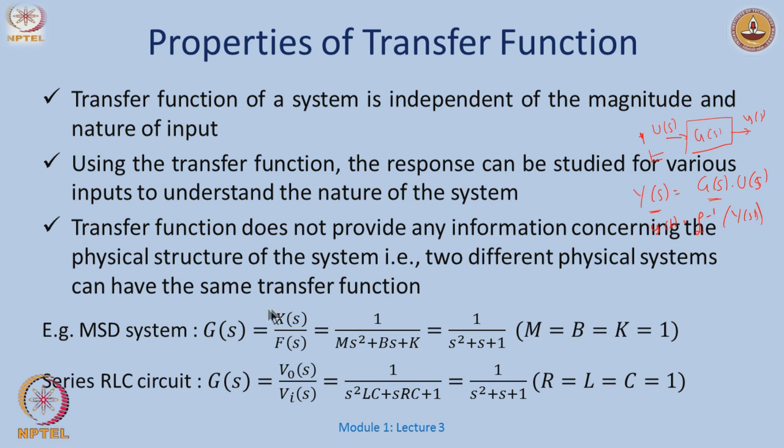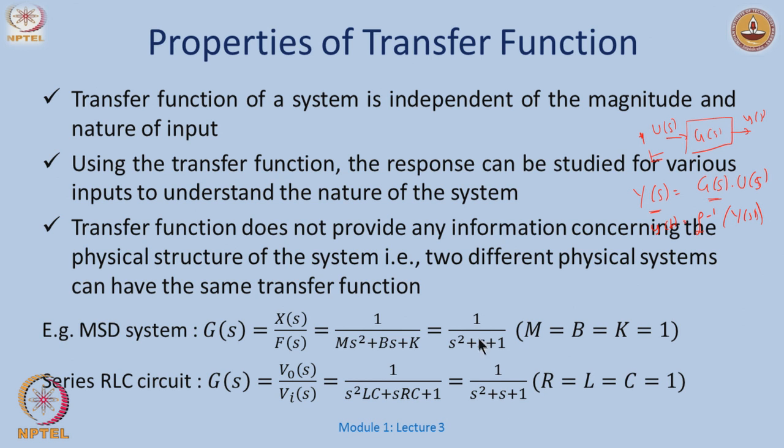Okay. So, let me just take the example of the mass spring damper system, which we had studied in our earlier lectures. It had a transfer function which was like 1 over ms square plus bs plus k. If I just take a simple case of m equal to b equal to k equal to 1, I have this transfer function. And the RLC circuit which we saw in our previous slides had a transfer function of this sort, which for r, l and c being equal to 1 again translates back to this one.